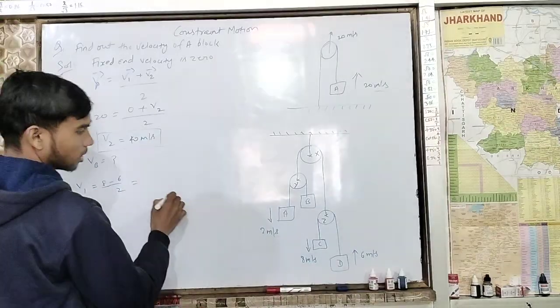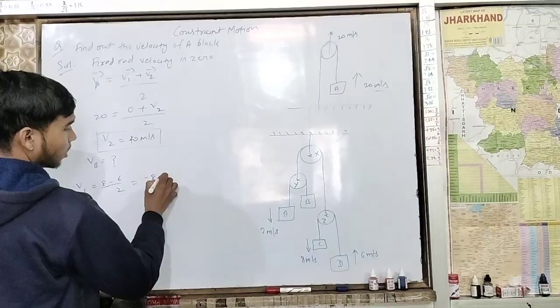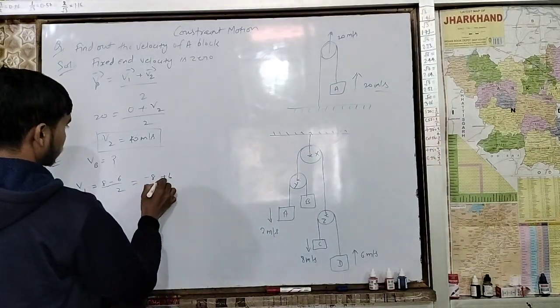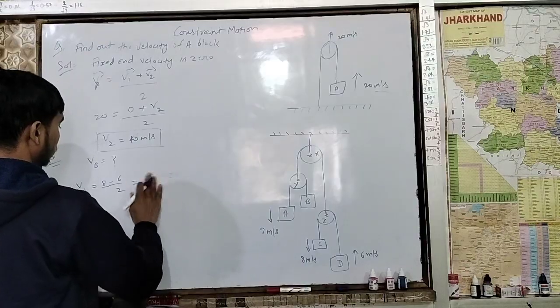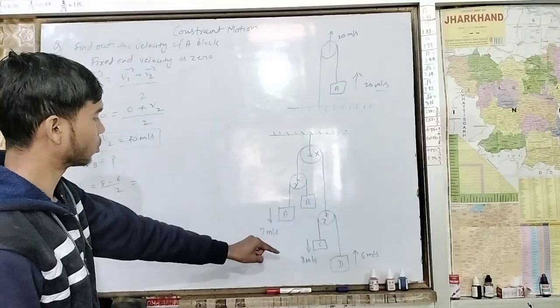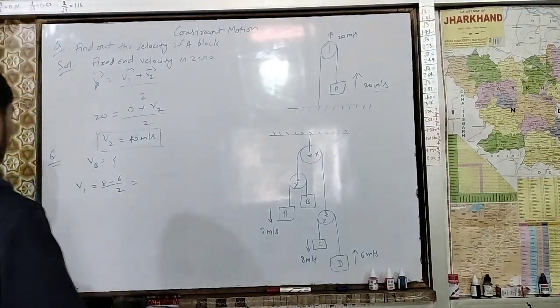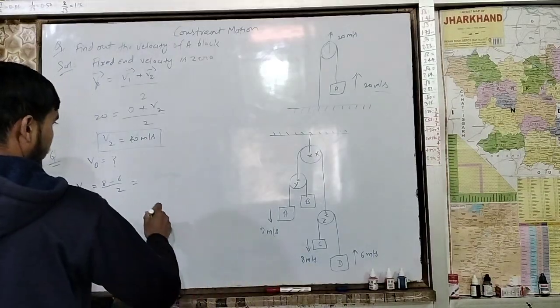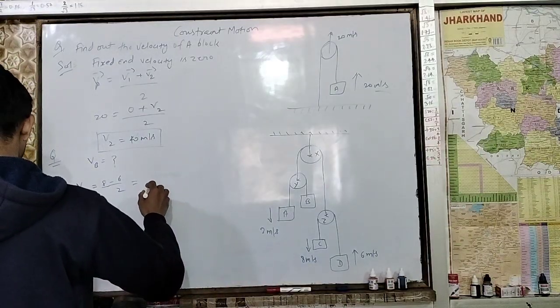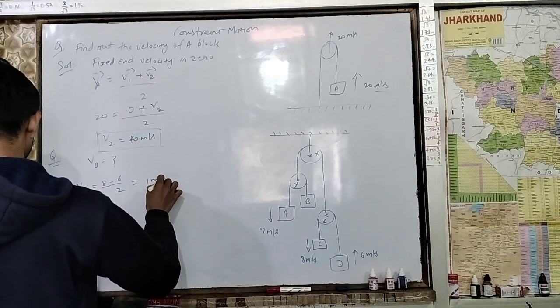Or you can say minus 8 plus 6 will be minus 2. So 8 minus 6 upon 2 will be V1, 1 meter per second, which is downward.